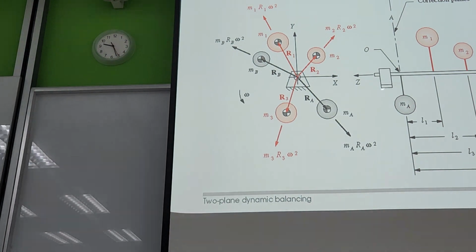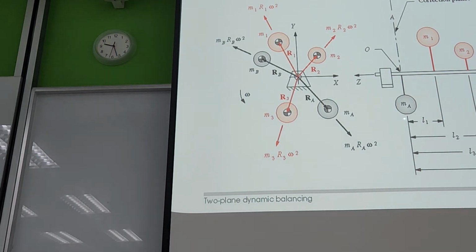So now we need to create balancing masses, or we also call them correction planes here. So we call the correction planes MA and MB. So now the distances are measured with reference to the correction plane, L1, L2, L3, and the distance for plane B is LB.